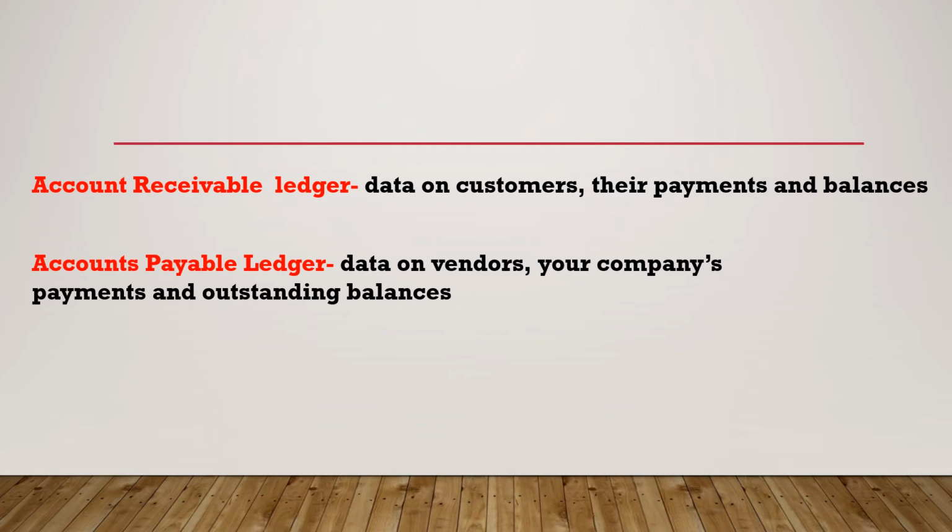You can close it or reduce it once you pay the account. The balance of account payable ledgers is the one that goes into your balance sheet at the end of the season.